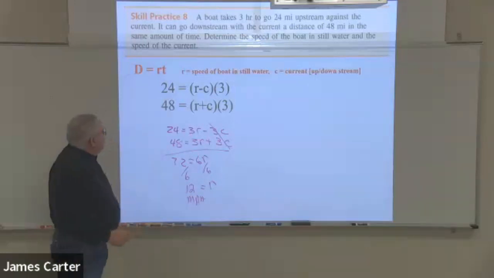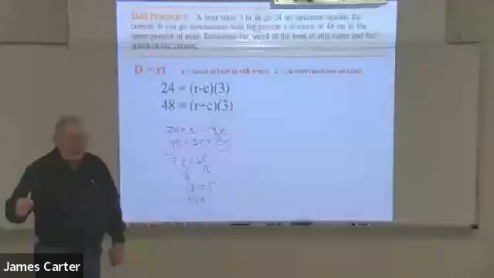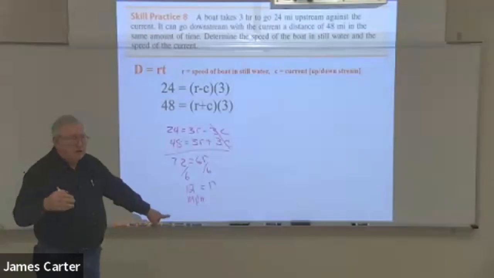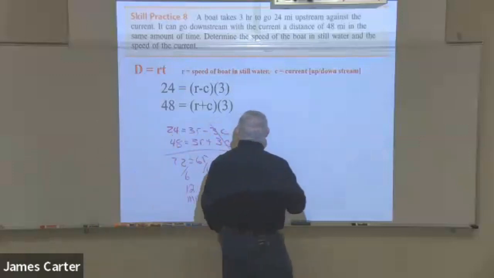And what is that 12 miles per hour represent? The speed in still water. That's the speed in still water that this boat's going. Now let's find out what C is.